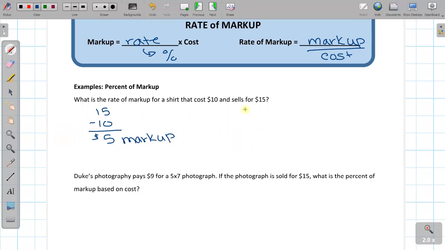So we're going to take our markup, which is $5, and divide it by our cost of $10. 5 divided by 10 gives us 0.5. But we have to change this into a percent. So move the decimal 2 places to the right, so we get a 50% markup.